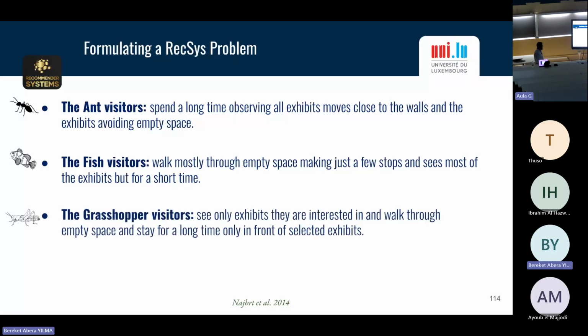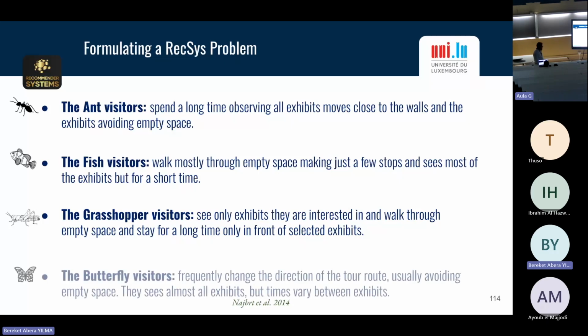And you have this grasshopper visitor who's very specific about what they want. They know what they want, so they jump from one room to another, and they spend a long time observing specific exhibits because they know that's interesting for them. They take time reflecting on these exhibits. And the fourth one is the butterfly, which frequently changes direction and usually avoids empty space.